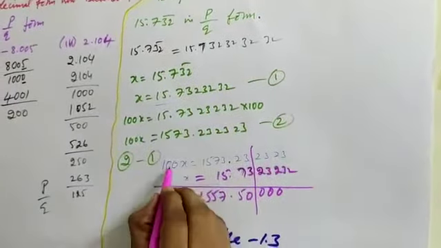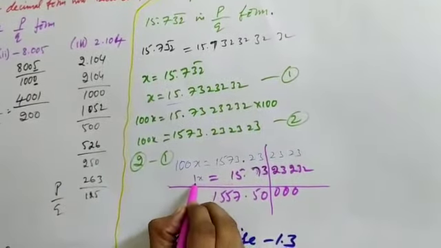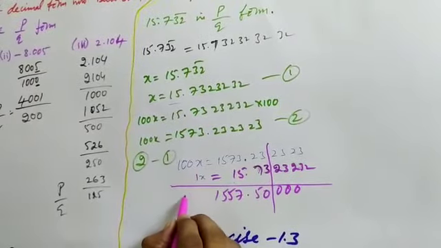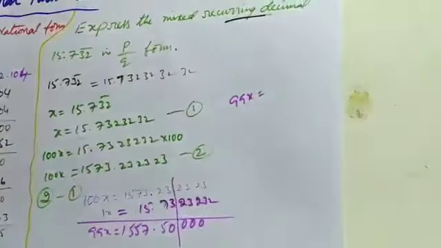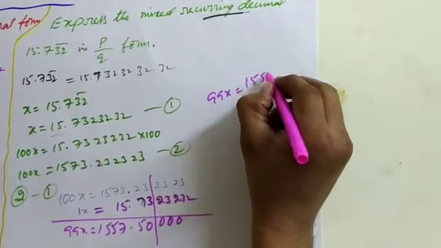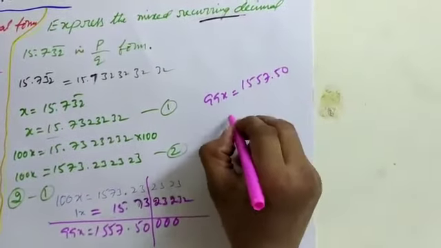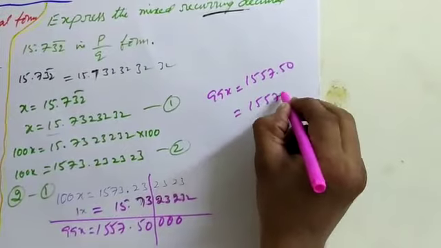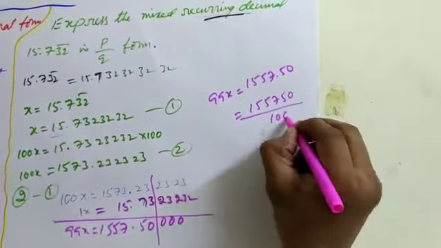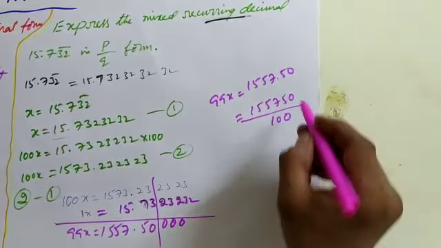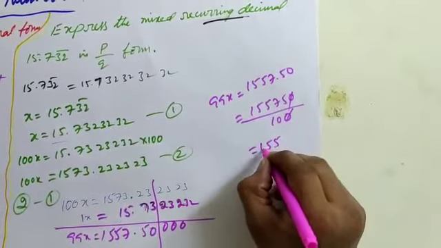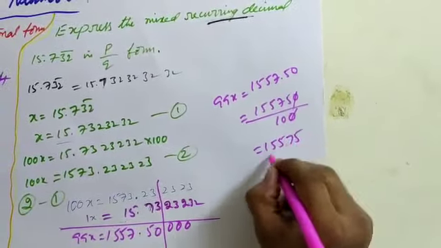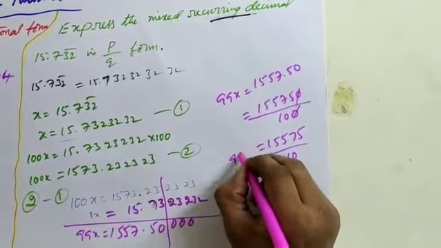That means 100x minus x means 1x, 100x minus 1x, therefore 99x. Therefore 99x is equal to 1557.50, that means 1557.50 divided by 100, 50 divided by 100, 10 and 10 cancel. So 15575 divided by 10.